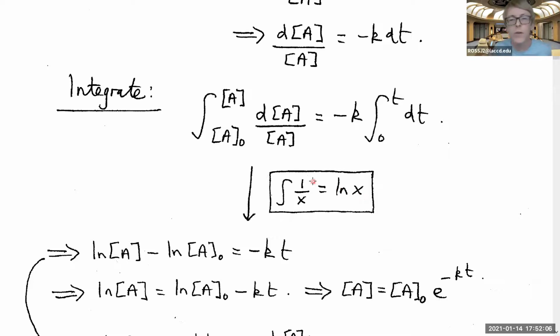So that's just a rule that you can take or leave, so long as you take it. Okay, so we're going to apply this rule for both At and A0. So we'll get ln At minus ln A0. And on the right side, we'll just get minus kt.